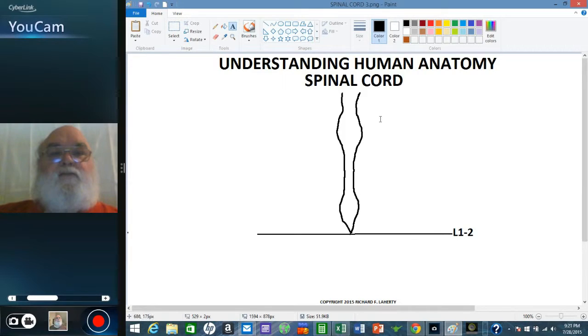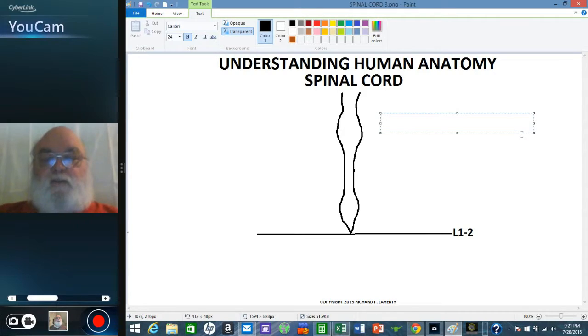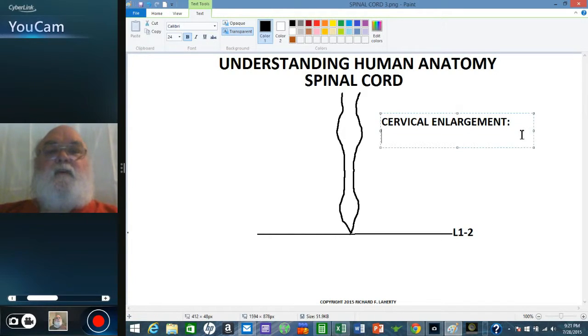And those areas are called enlargements. One is in the cervical region of the cord, the lower cervical region, the cervical enlargement. And the cervical enlargement is there because the spinal cord needs more neurons in that area, more nerve cell bodies for innervation of the limb, innervation of the upper limb.